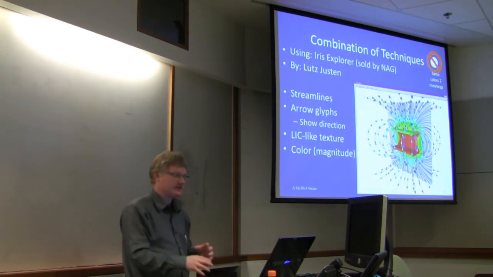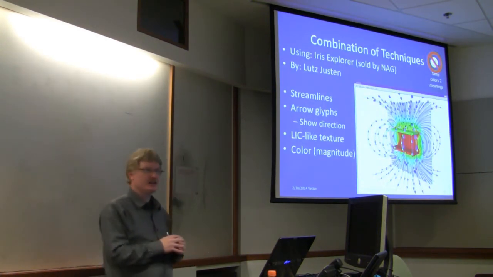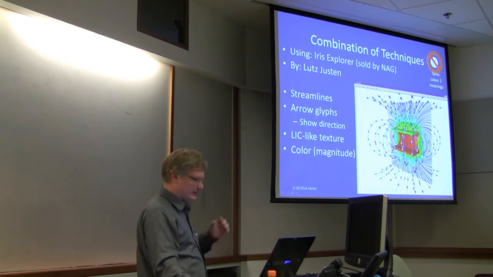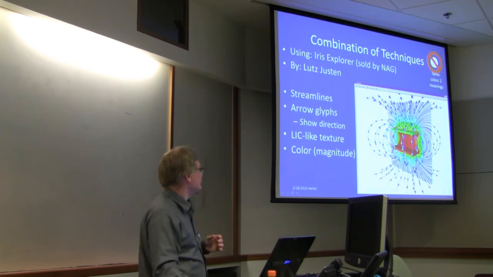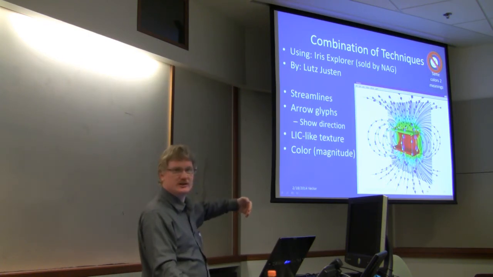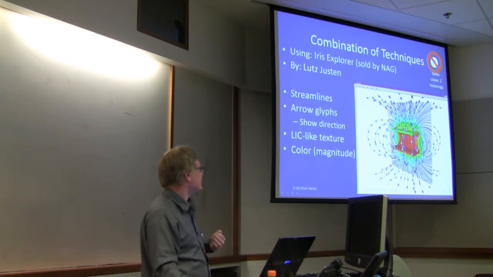All right, so we're going to look here at some combination techniques. This is looking at a field around two condenser plates. We see a slice through this that's line integral convolution on that slice. Then we've got streamlines with glyphs on them showing an unambiguous direction of these lines and their symmetry.